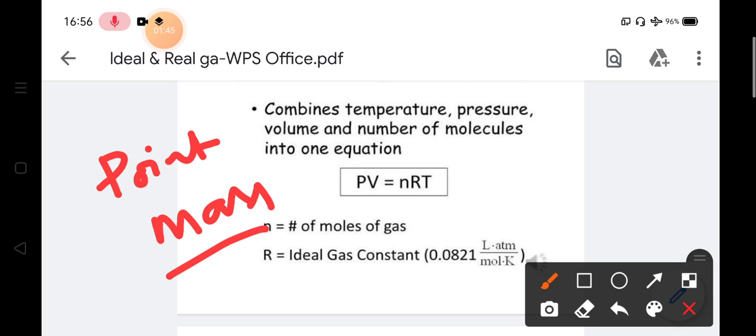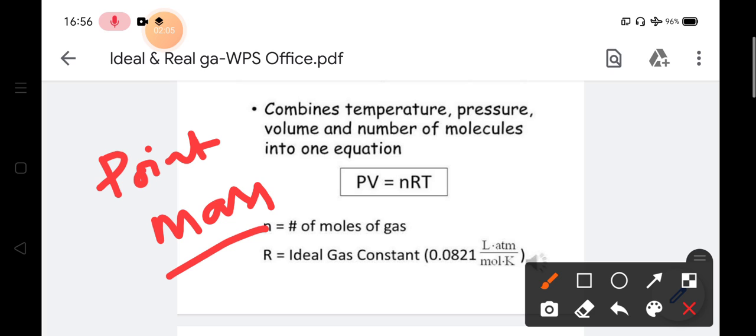And what are ideal gases? Ideal gases are those gases which always follow or obey Boyle's law and Charles's law.